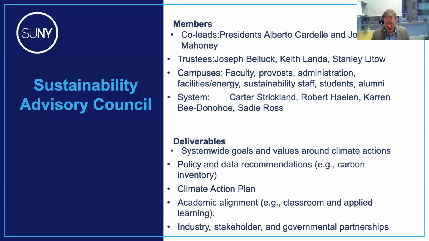In our system, the chancellor is the head of the system. The presidents are the head of campuses. I know in the UC system, it's the reverse. So that's how we structured it. And so campuses nominated folks from administration, folks from provost, but a lot of the staff from facilities and energy operational teams who have been working on this for a long time, and a number of faculty as well. So next slide, please.